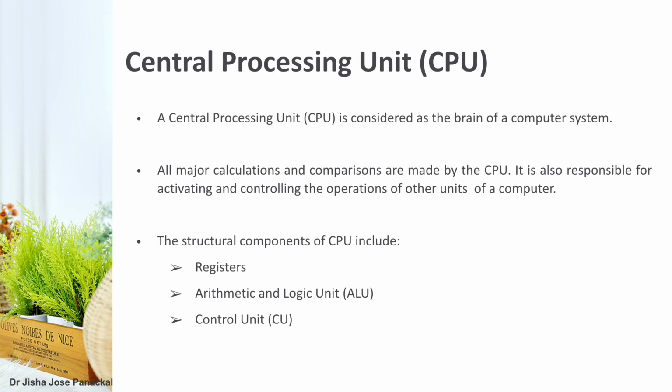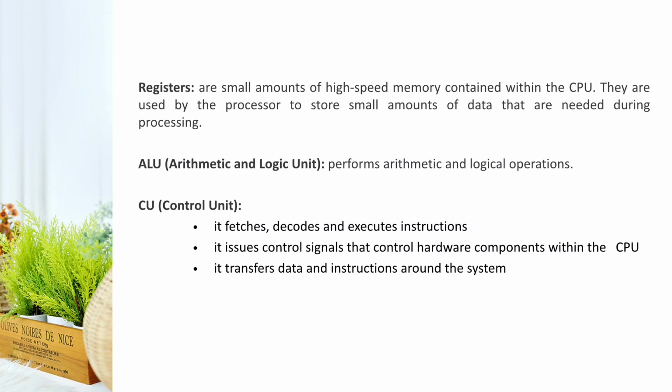And the structural components inside the CPU include registers, the arithmetic and logic unit, and the control unit. As we discussed, registers are a type of memory, and these are small amounts of high speed memory contained within the CPU.